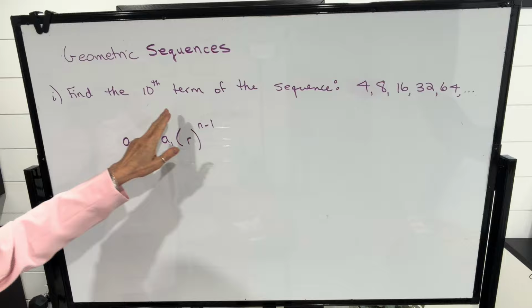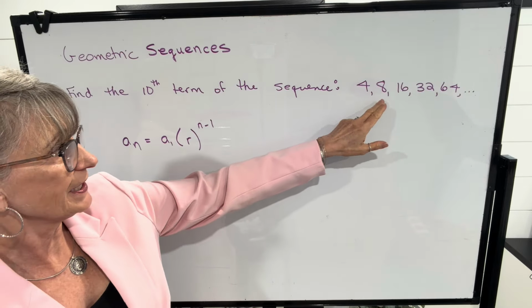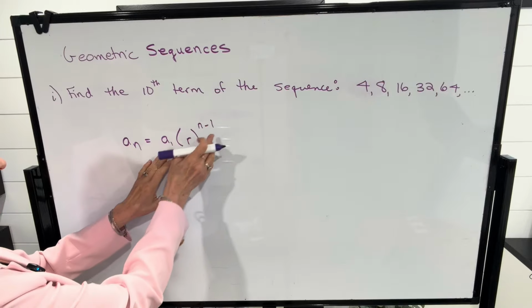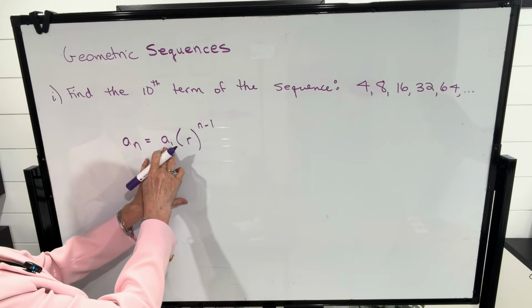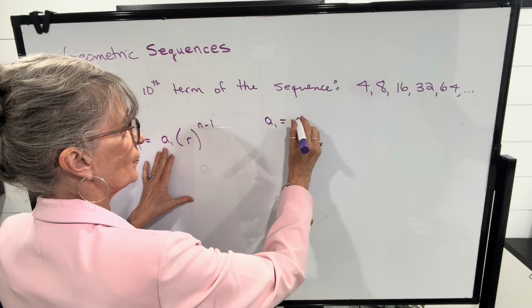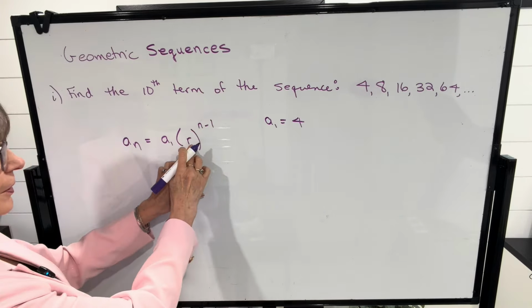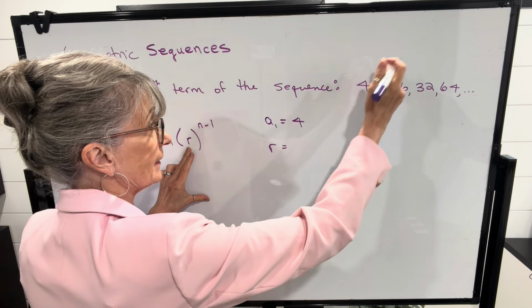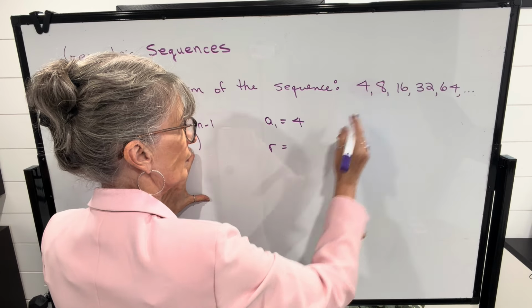So if we're asked to find the 10th term of this sequence, 4, 8, 16, 32, 64, we're going to use this formula and identify all of these values. So a sub 1 is the first term. First term is 4. r is the common ratio. So what are we multiplying each number by to get the next number? We've discussed it, we're multiplying by 2.